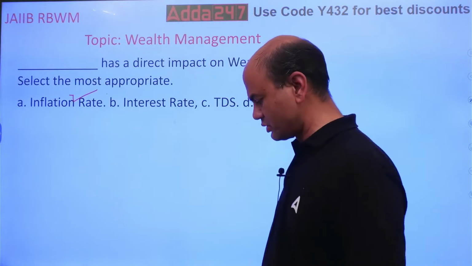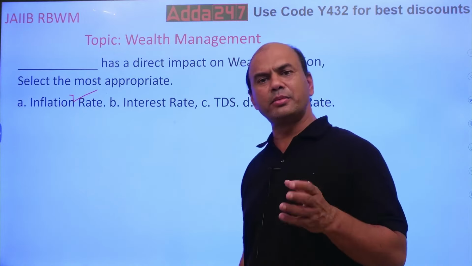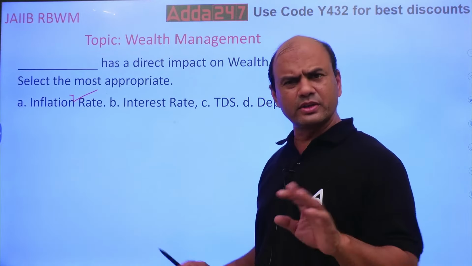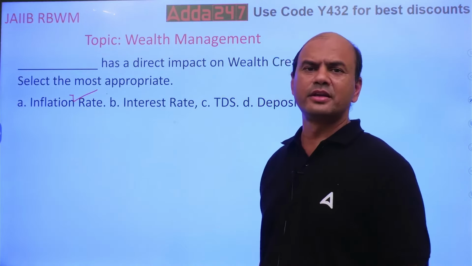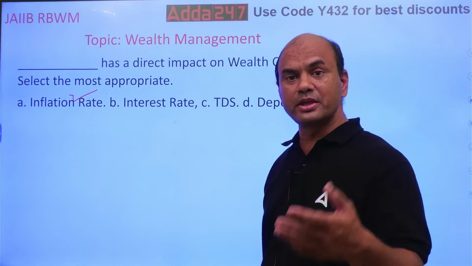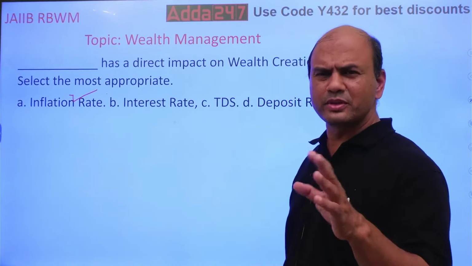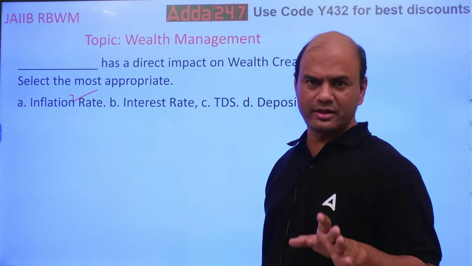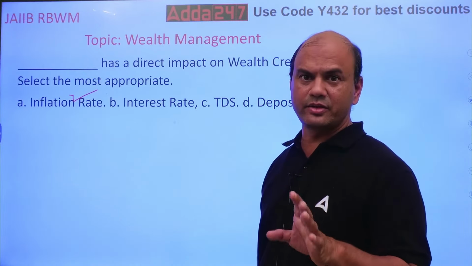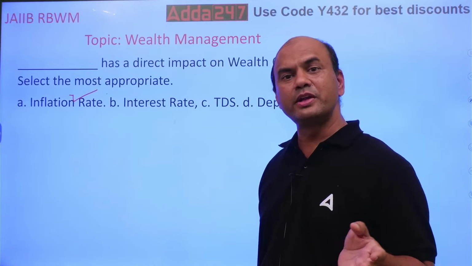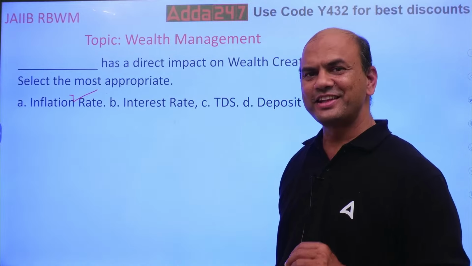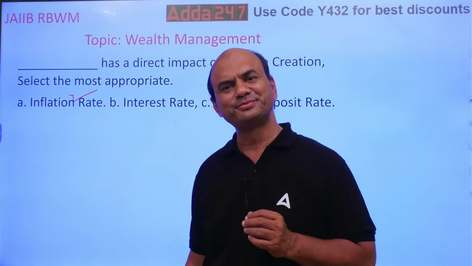Always note who is the biggest enemy of your wealth, of your money. Who is the biggest enemy? There is no one else other than inflation. Inflation eats up your money. I'll give you a simple logic. If you are earning 7% in your FD, and if your inflation is 6.5%, then you are earning only 0.5%.